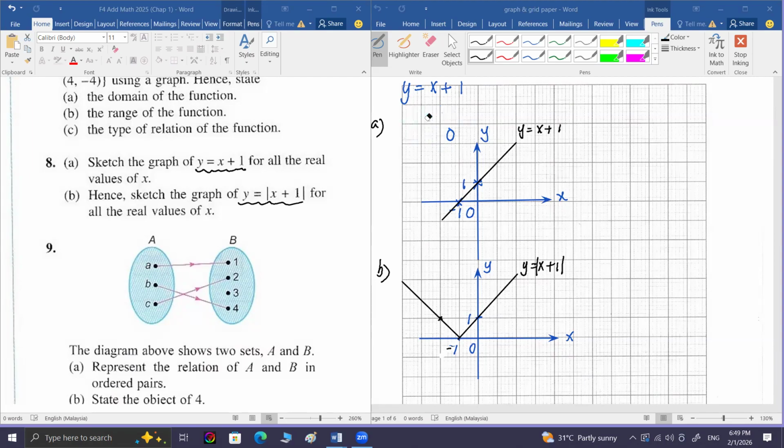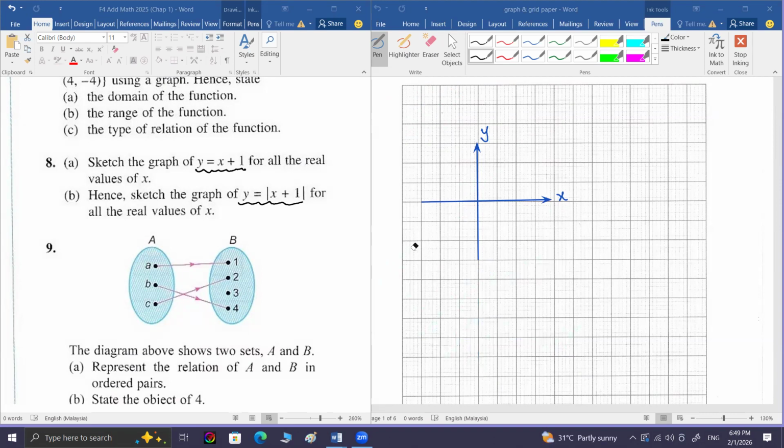Okay, class, I show you some example. So questions sometimes just ask you to show with the modulus one, yeah? Okay, so if it's a straight line, class, any straight line, I think you know how to draw the straight line already, right?